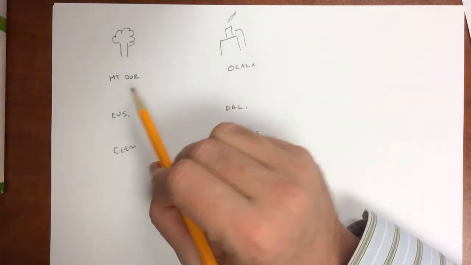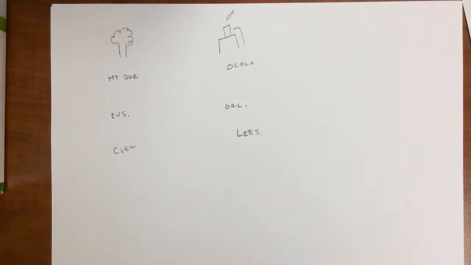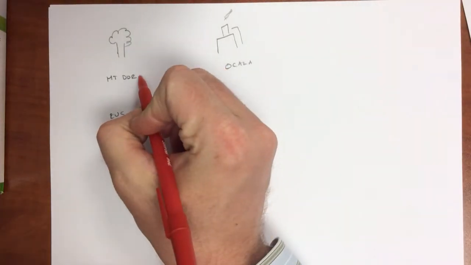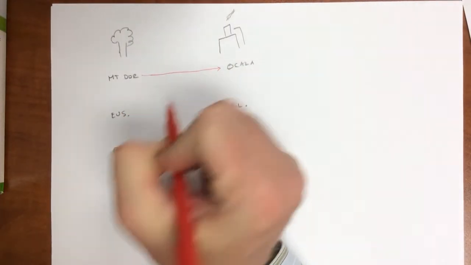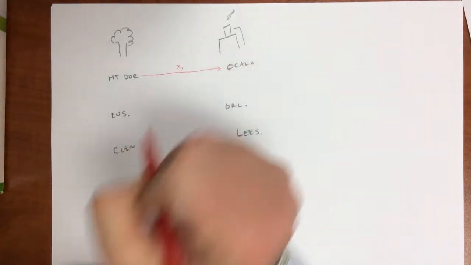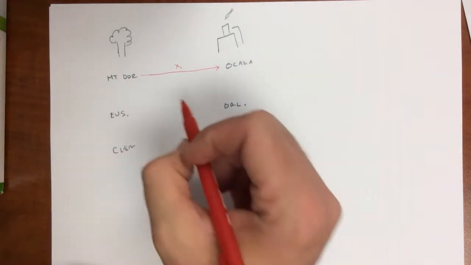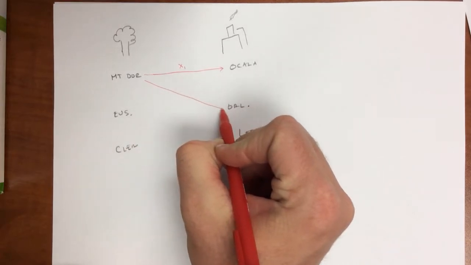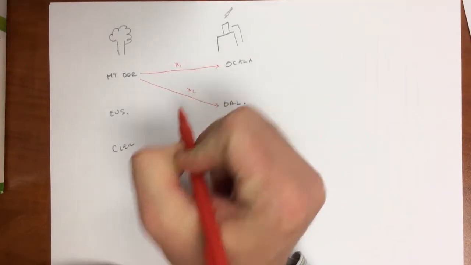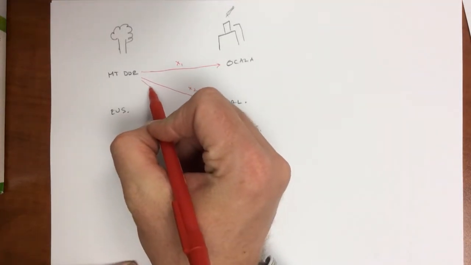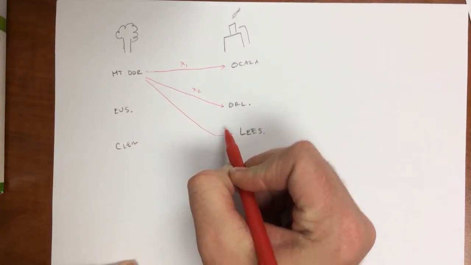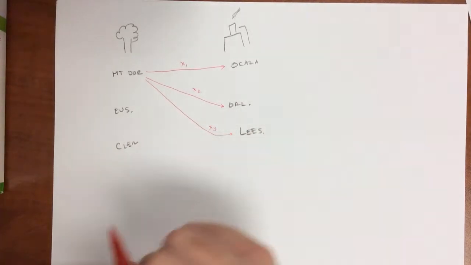If we're going from Mount Dora to Ocala, we could ship peaches from Mount Dora to Ocala. Let's let that be X1. We could also ship peaches from Mount Dora to Orlando. That's X2. And then we could also ship peaches to Leesburg, which would be X3.